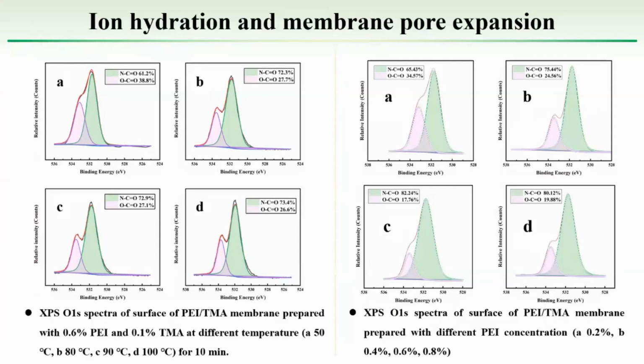There were two forms of covalent cross-linking and electrostatic binding in the composite layer. When sodium ions permeated, the electrostatic binding state was opened under the action of electric charge.